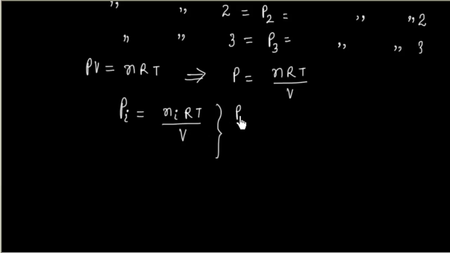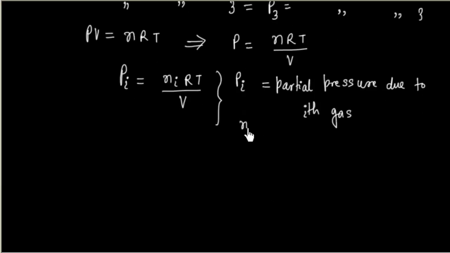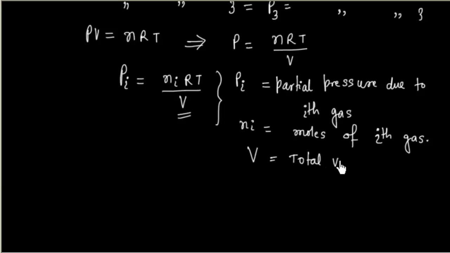We have pressure due to the ith gas, this is the partial pressure, and I have the number of moles, that is moles of the ith component or ith gas. But the denominator volume is the total volume, so this is important.